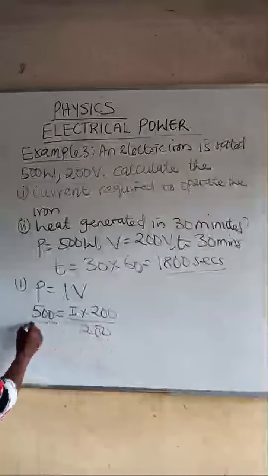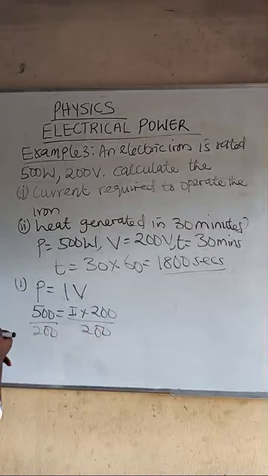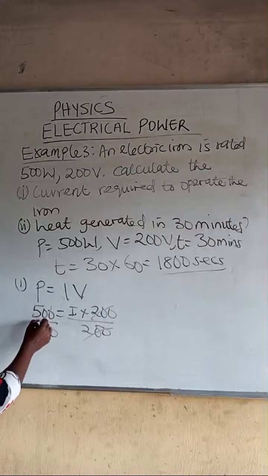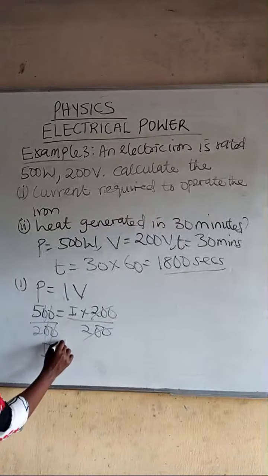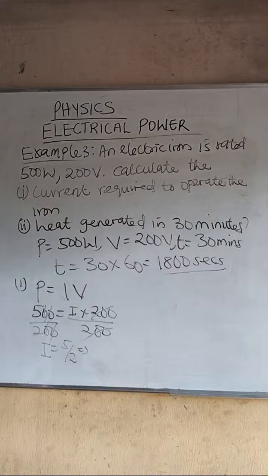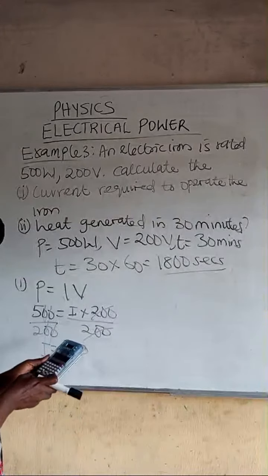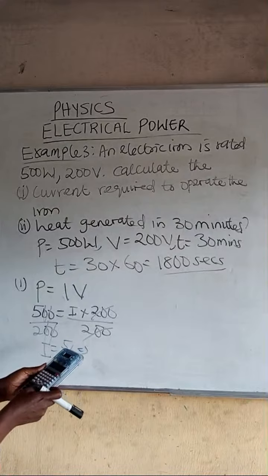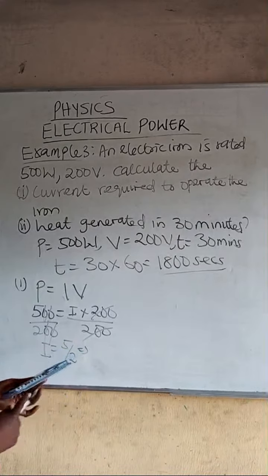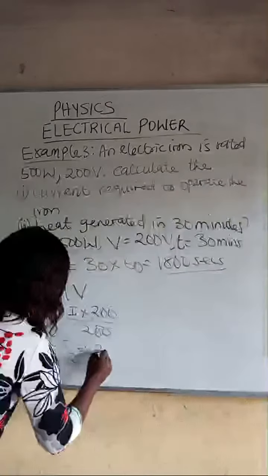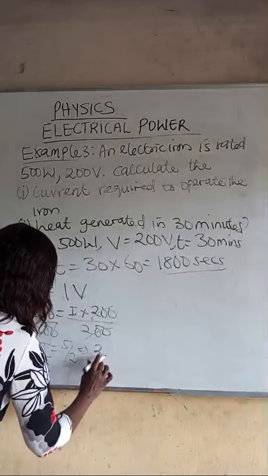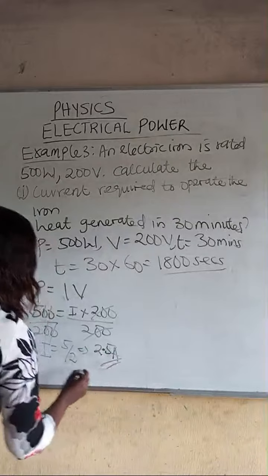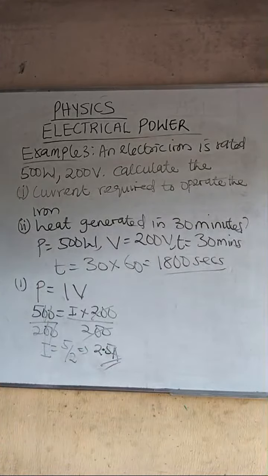So I'm going to divide both sides by 200. This cancels this, so I have I equals 5/2, which is the same thing as 2.5, 5 divided by 2. So I'm going to have the current to be 2.5 amperes. Okay, so let's go to the next one.